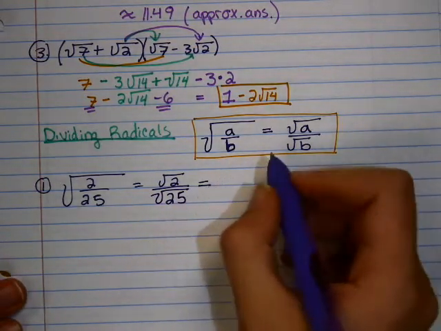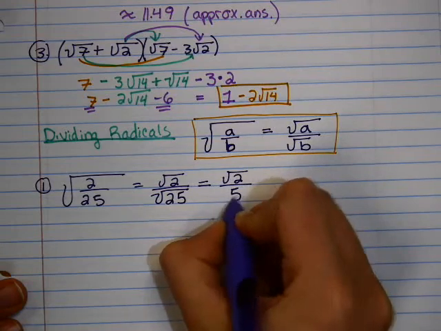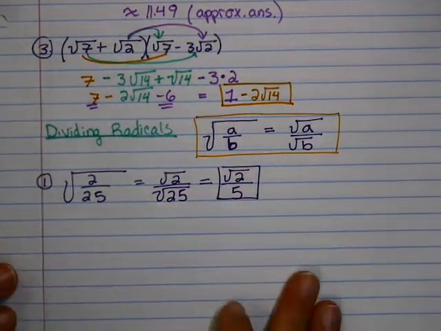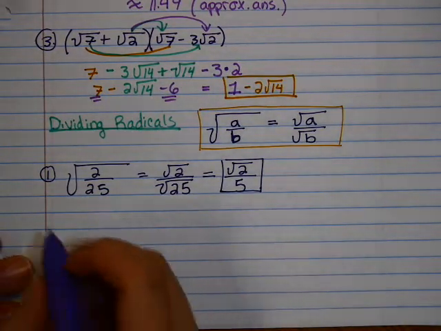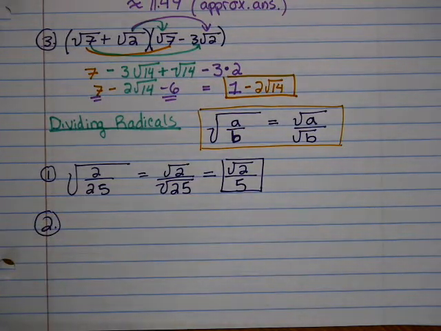And I know square root of 2 doesn't simplify, but square root of 25 is 5. So here's my answer, square root of 2 over 5. And I leave it in that simplified form, unless you're asked for approximate, then you'll have to find the approximate value.